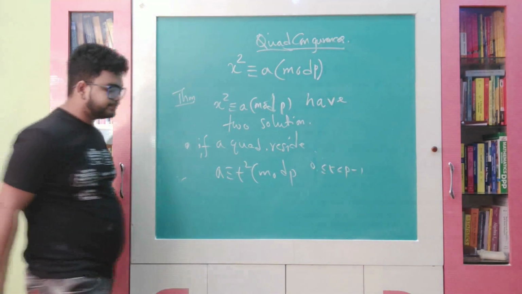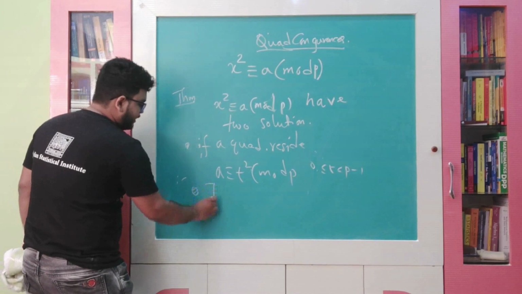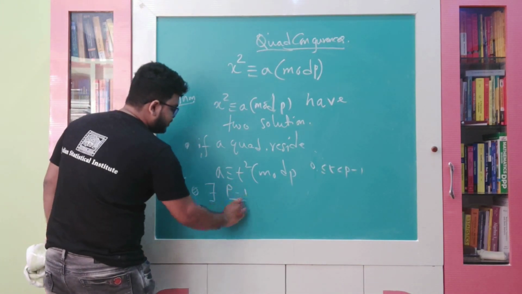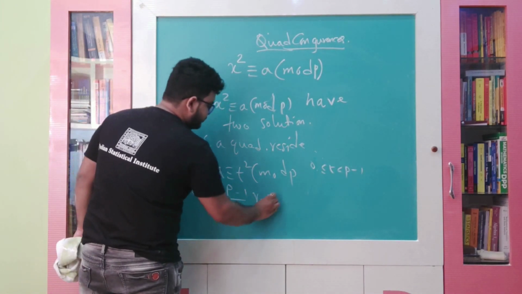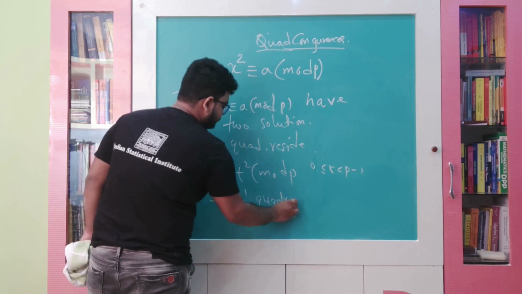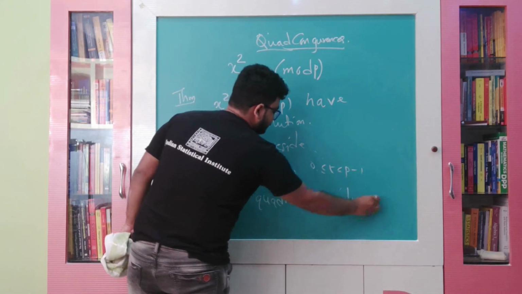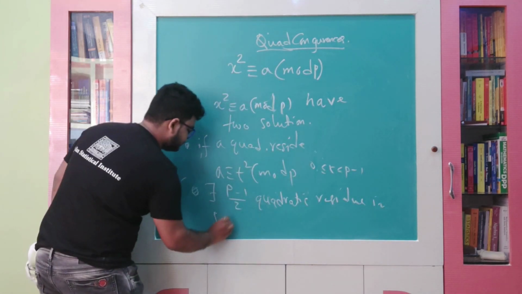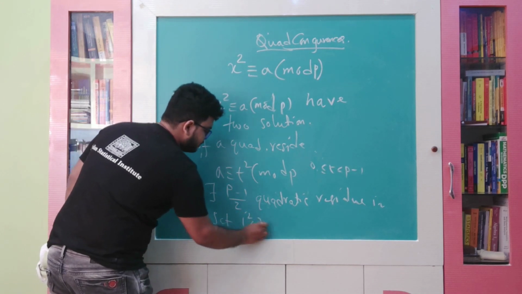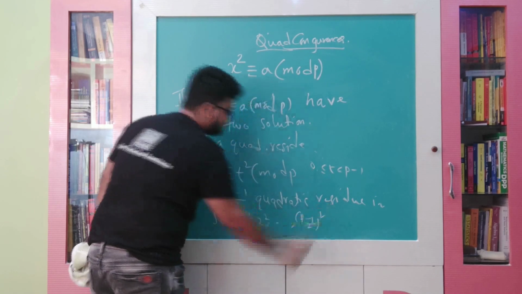And there exist (p minus 1)/2 quadratic residues in this set: 1 squared, 2 squared, up to ((p minus 1)/2) squared.